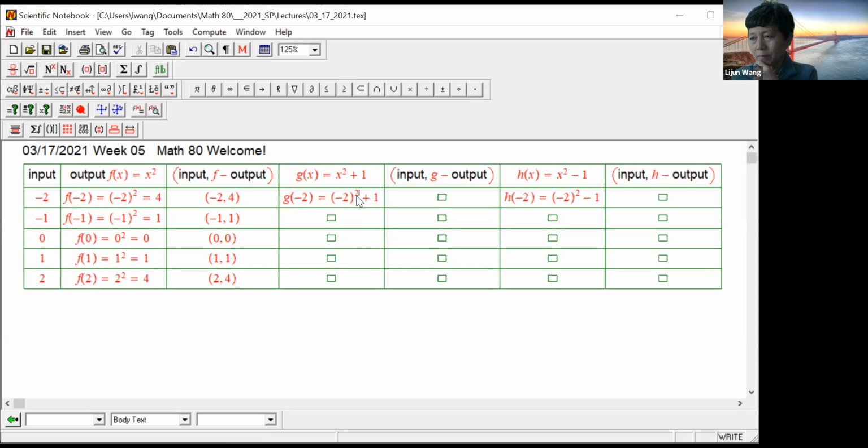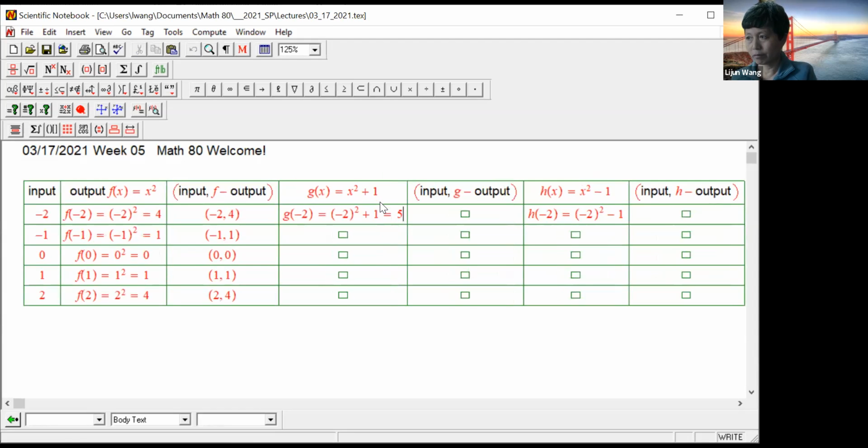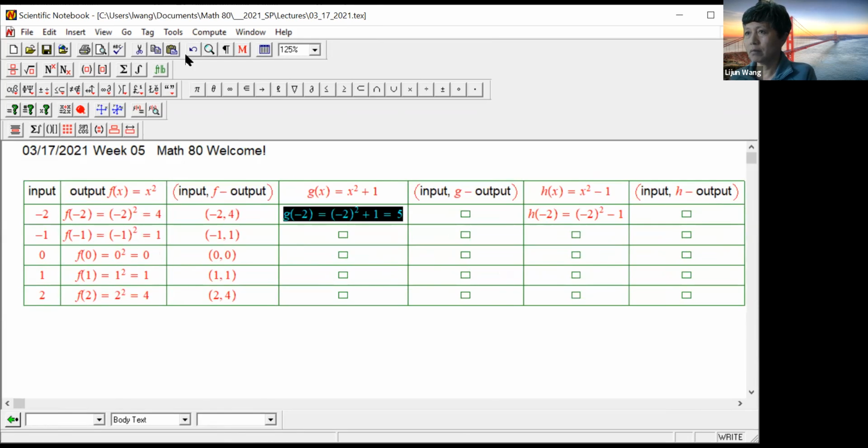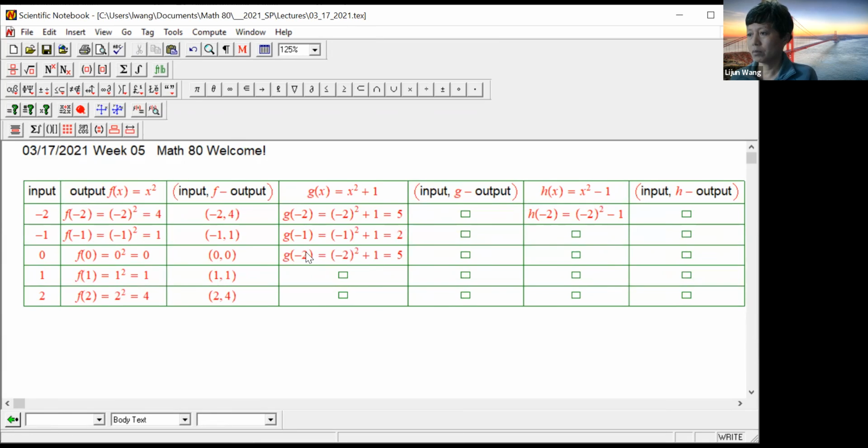Negative 2 squared is going to be negative 2 times negative 2, so this is going to be equal to 5. And the next one, G of negative 1: negative 1 squared plus 1, over here is going to be a 2. For 0, this is 0, and that's going to be 1. And for 1, that's going to be 2.